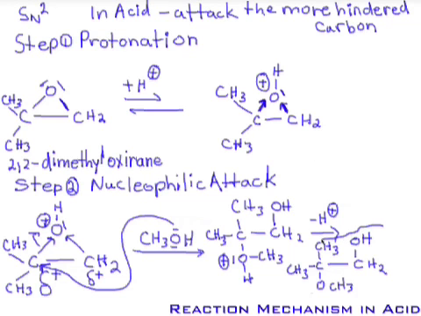Let's put a box around it. Your final product. If I was to name this, alcohol's the highest priority group. 3 carbon chain. It's a propanol, 1-propanol with a 2-methyl, 2-methoxy. Okay. So 2-methoxy, 2-methyl, 1-propanol. We'll name the products and compare it later.